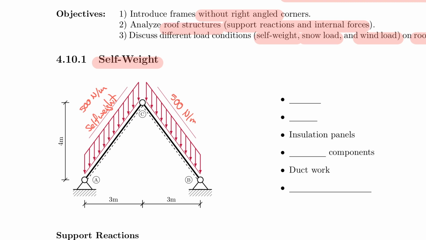In reality, this can be much heavier based on the weight of the shingles, for example, or it could also be the rafters themselves, or insulation panels, electrical components, the ductwork, and then also the drywall that's usually hung, or OSB components. So pretty much anything that can cause a load on the roof system.